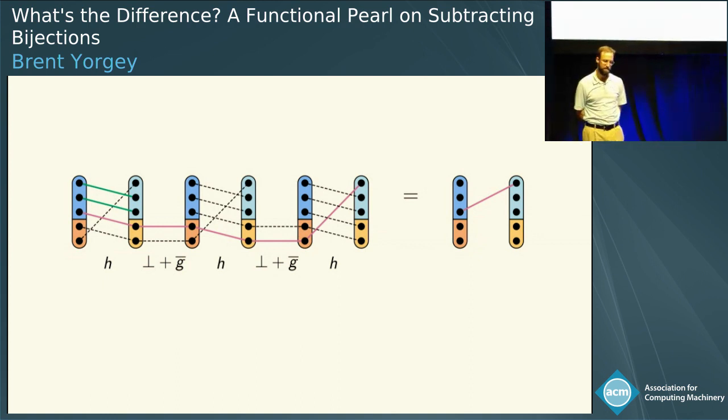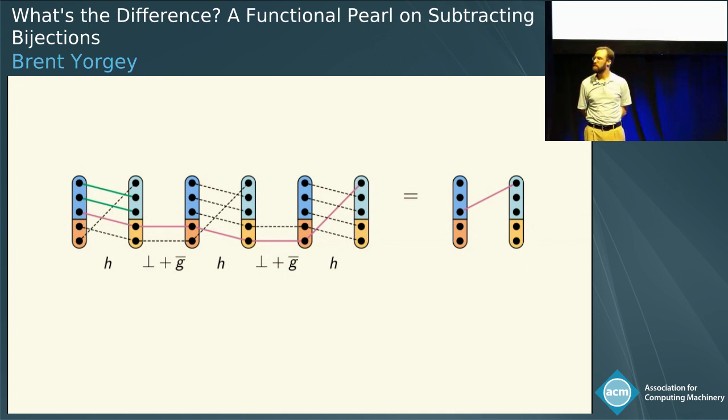Someone asks whether you can generalize to division somehow. Division? Having a bijection between 2 times A and 2 times B, construct a bijection between A and B. Well, multiplication makes sense on bijections, where you end up with a bijection between Cartesian products, but I don't know. It'd be interesting to see if division makes sense.